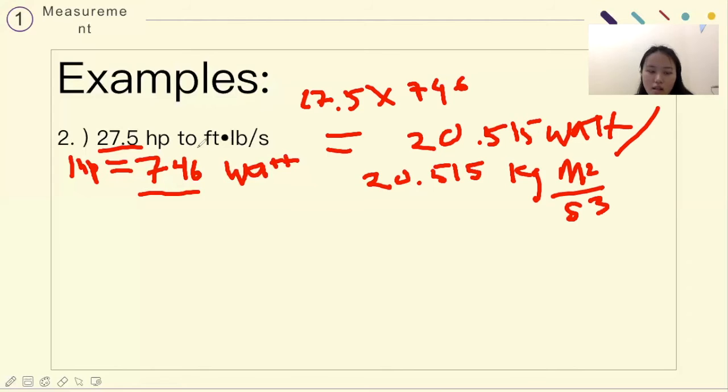And since the question wants to convert to foot-pounds, we use the FPS system for this question.